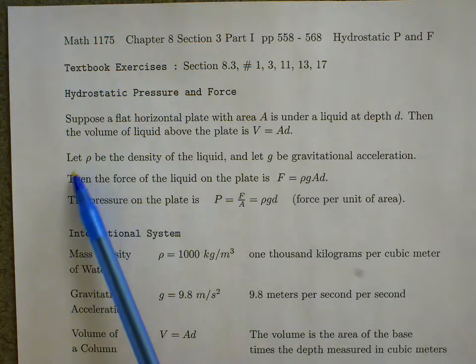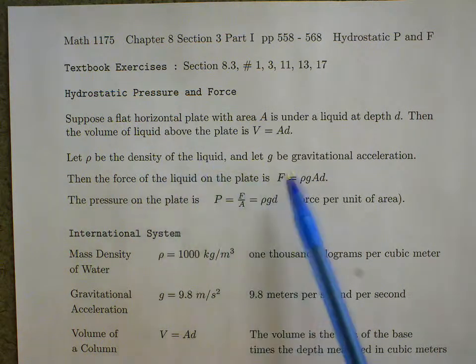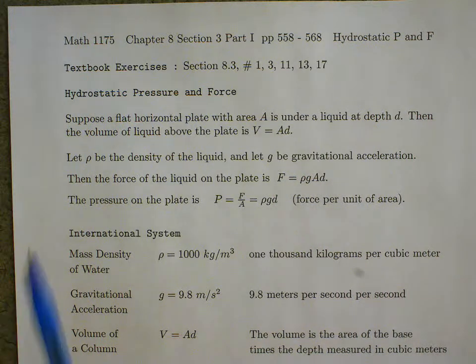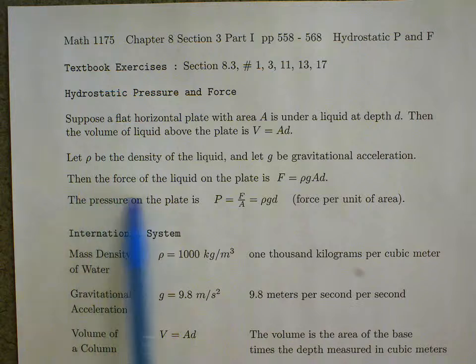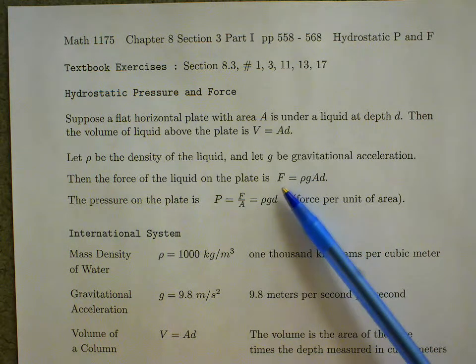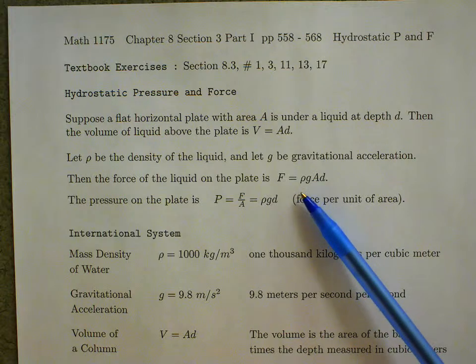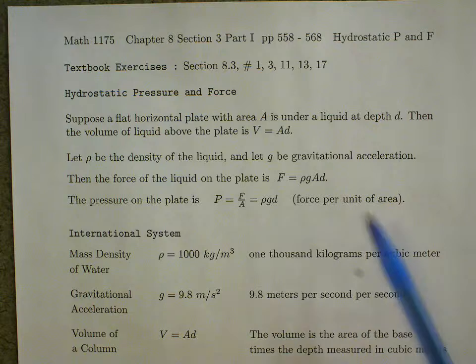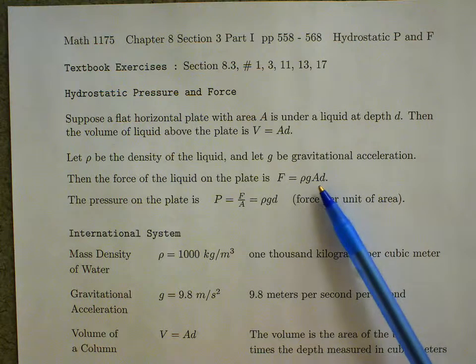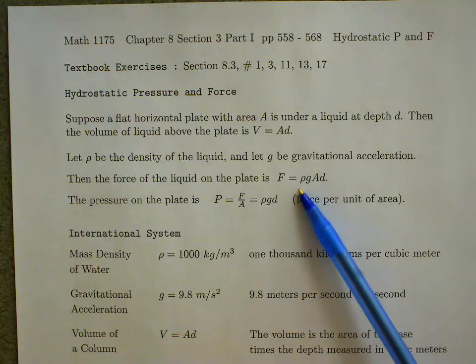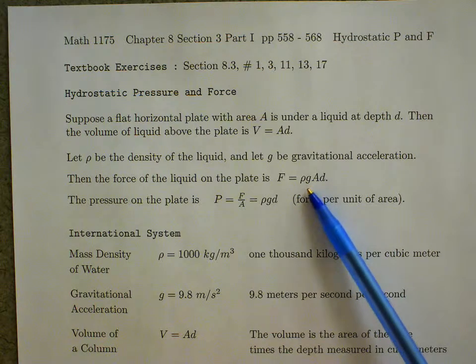If we let rho be the density of the liquid and let g be gravitational acceleration, then the force of the liquid on the plate is capital F equals rho times g times A times D. So A times D is just the volume, rho is the density, and g is the acceleration due to gravity.